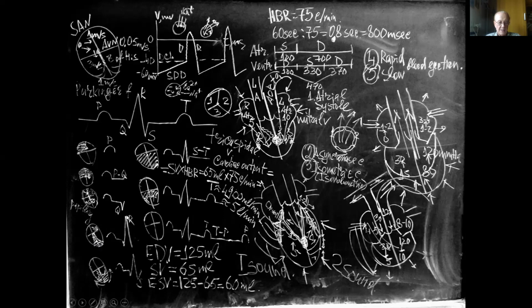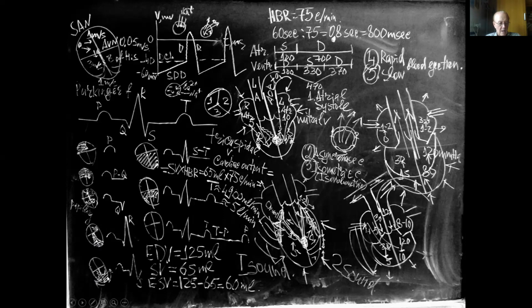That's why this is the maximum amplitude, and this is the right direction, and the R wave is positive. Then excitation conducts through the side walls of the ventricles, and we register the negative S wave.